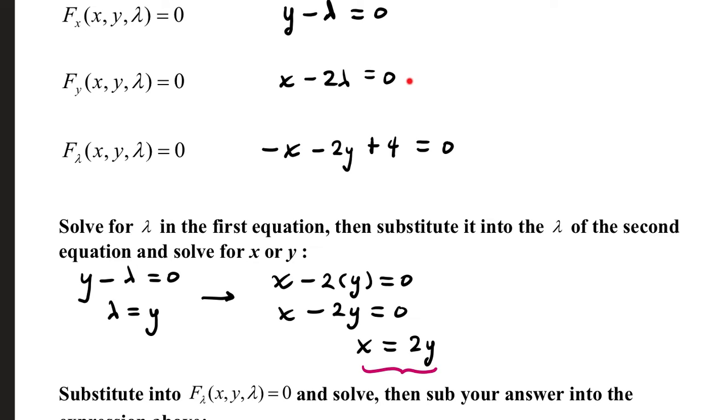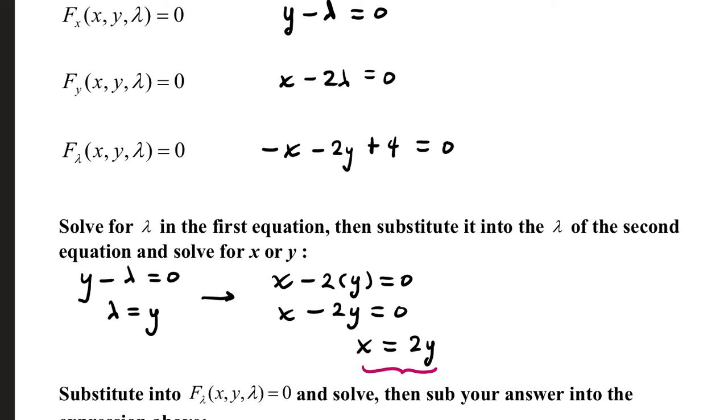Then you go to your second equation and substitute that in for lambda, and you can either solve for x or y. So we replace lambda with y, giving x minus 2y. Decide which of those two terms is easier to solve for. In my opinion, it's easier to solve for x. You add 2y to both sides, so x is equal to 2y.